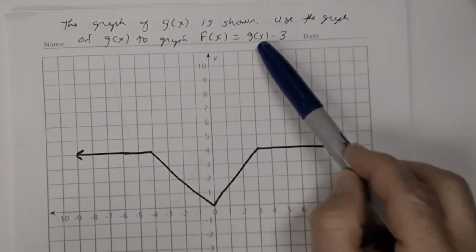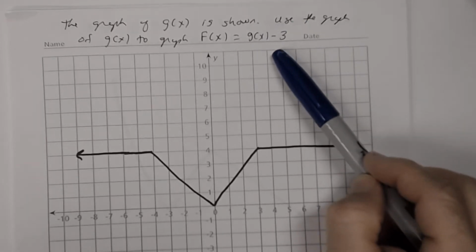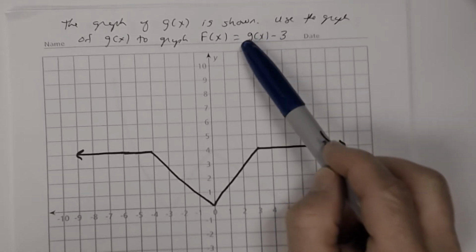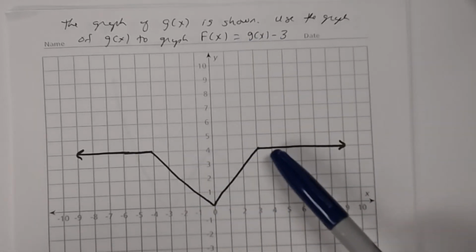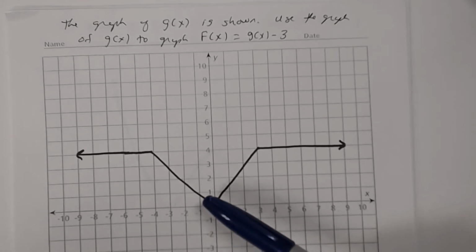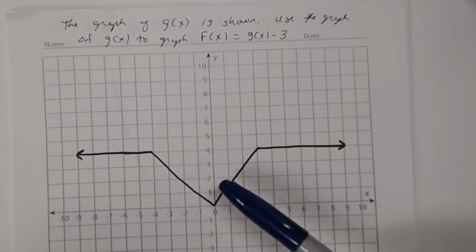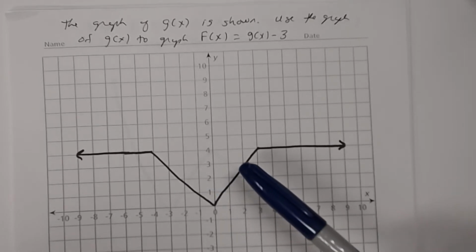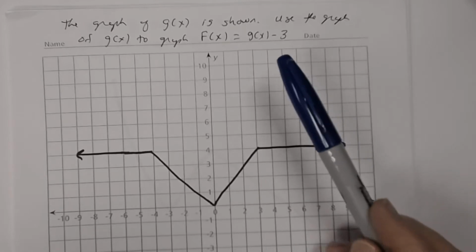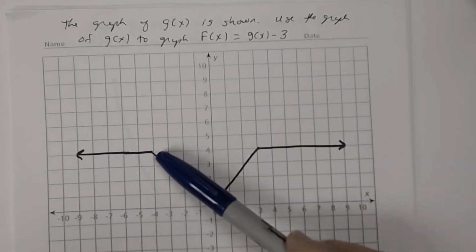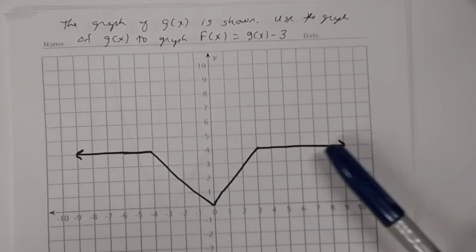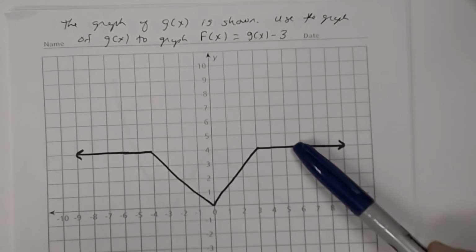From previous lessons, all the activities you've done, what does subtracting 3 from your original function do to the graph of the original function? Think about that, and if you need to go back and review, go back and review, but hopefully at this point you know what it does. It takes every point on this graph, and notice the arrows here, every point, and shifts it down.